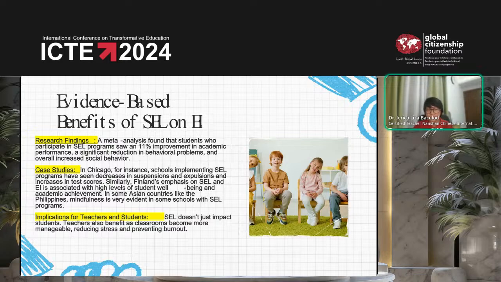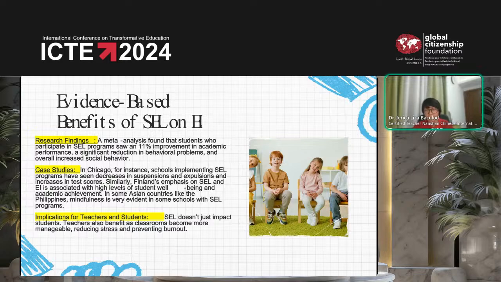This data underscores that SEL isn't just about soft skills, it directly supports academic success. Okay, so it's not just about being nice, being kind.